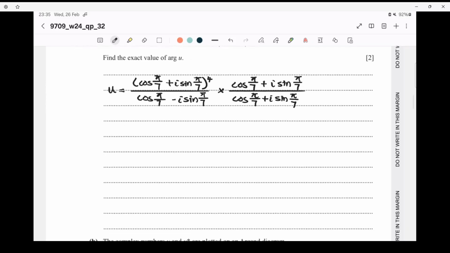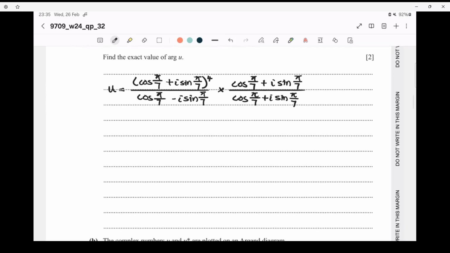So once you do that, you find that the bottom part actually becomes 1, because cos squared pi over 7 plus sine squared pi over 7 equals 1. So you would have cos pi over 7 plus i sine pi over 7 power 5.